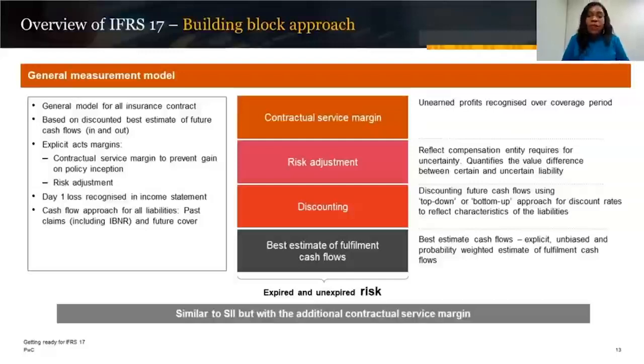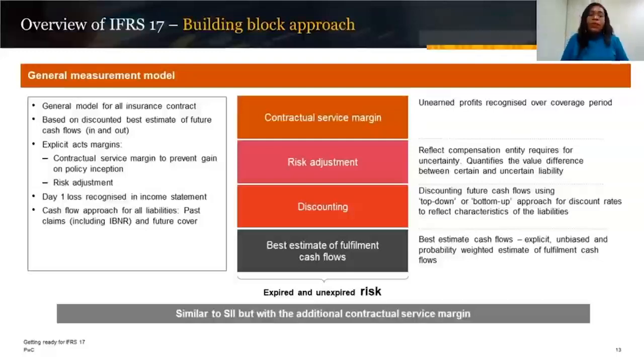So you determine that over the period of the insurance contract, and then you do your probability weighting. So you consider different scenarios and then you get your net cash flow. You discount that to the present value using an appropriate discount rate. When you get that, you now consider what we call the risk adjustment.